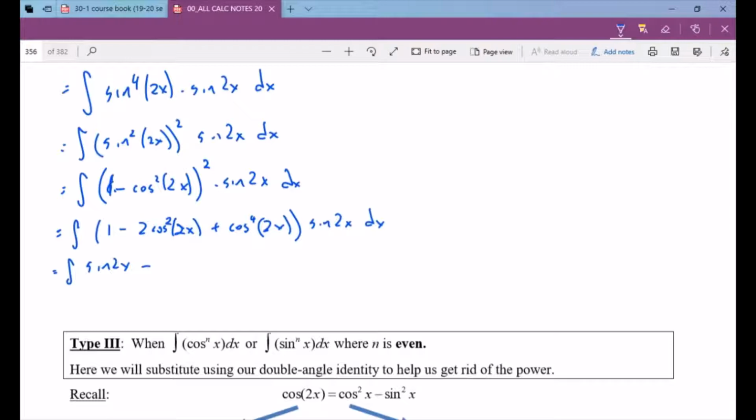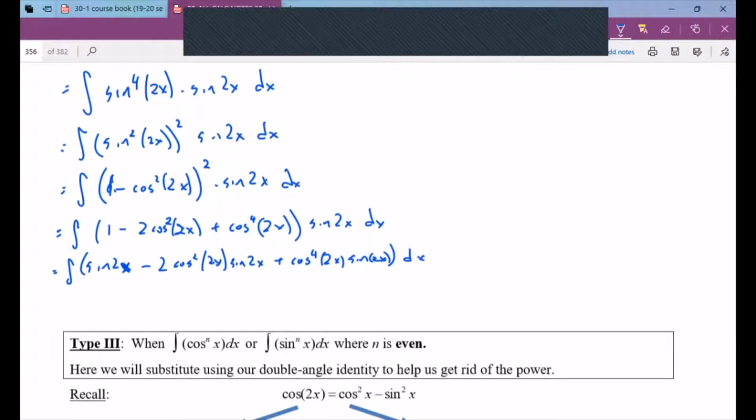So what do we have here? We have minus 2 cos squared 2x sine 2x. And then we have plus cos to the 4 2x sine 2x. This all times dx. Let's put brackets around that, so that's proper.